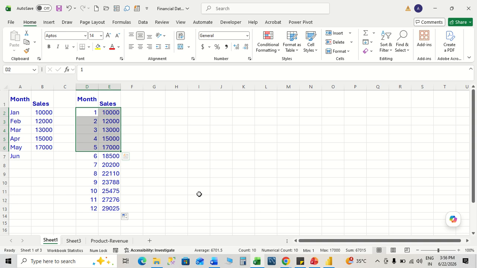So this way we can analyze the data. We can predict the future sales so that we can prepare the inventory. So this is the benefit of data analysis.